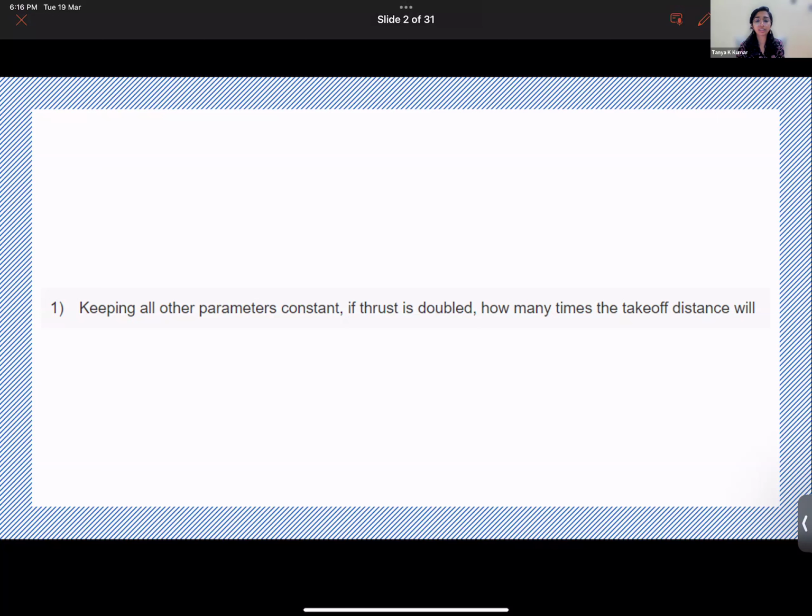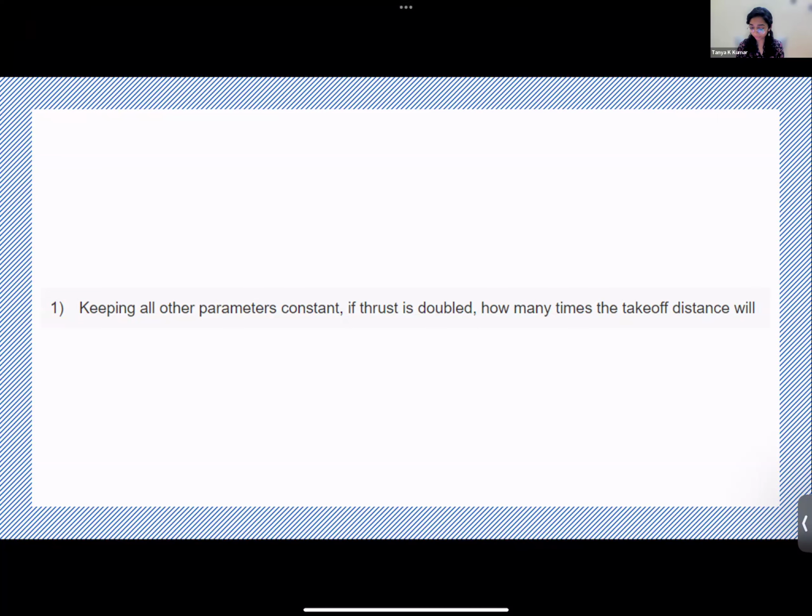Do you recall what the formula for takeoff distance was, or what it is proportional or inversely proportional to? S takeoff was the formula we had derived. Can you try and recall all the terms that it depended on?